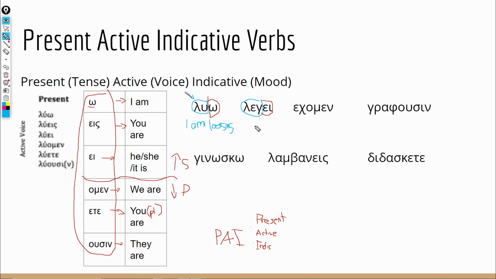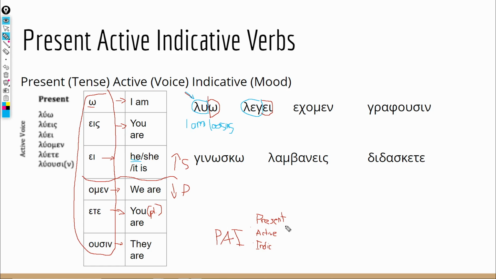So oftentimes you look at the sentence, and the subject of that sentence is Jesus, and it might say like Jesus lege, and it goes on. Well, you know that Jesus lege, Jesus, he is saying, right?